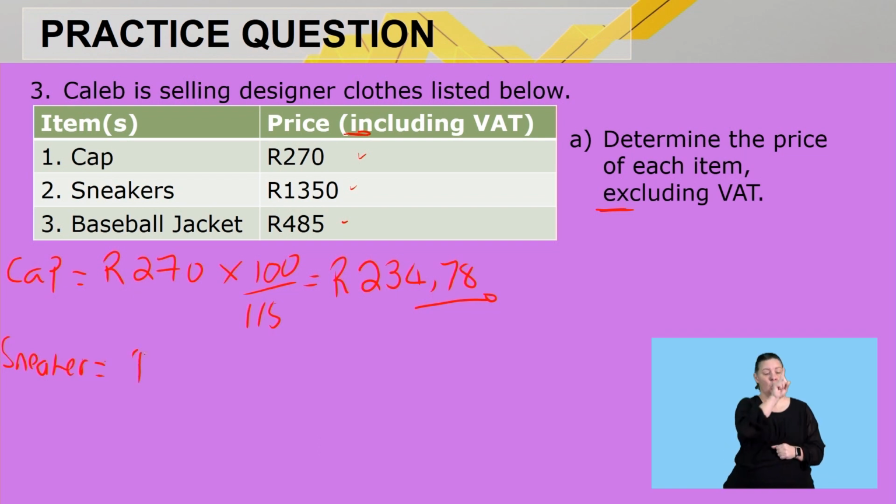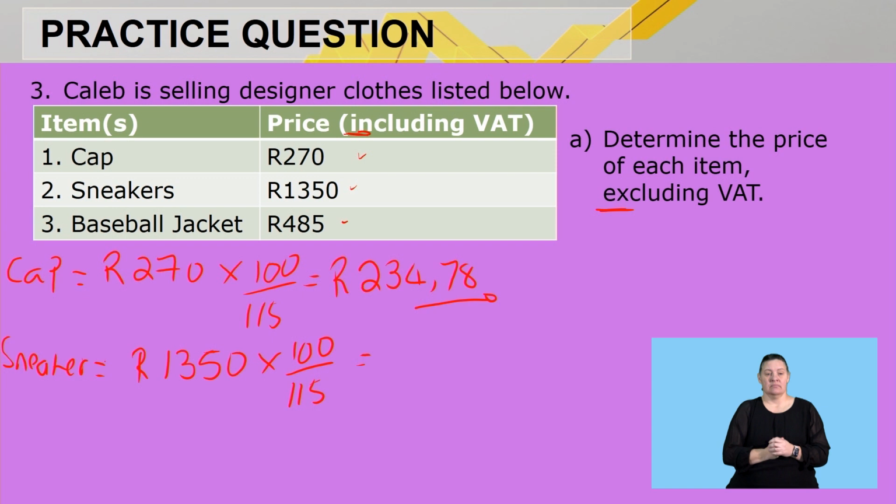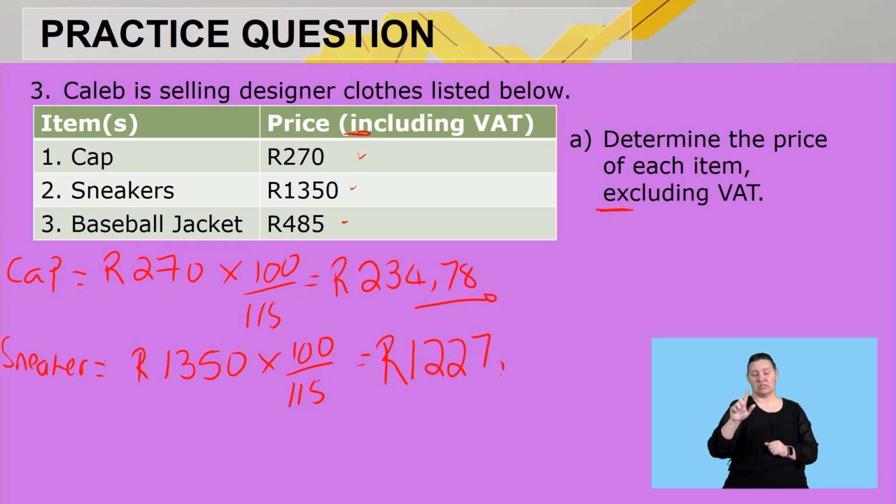Right, then our next item is a sneaker. These sneakers cost 1,350, excluding VAT, we are saying 100 over 115. So let's quickly work that out: 1,350 multiplied by 100 over 115. So before VAT, these sneakers were 1,227.27 cents.